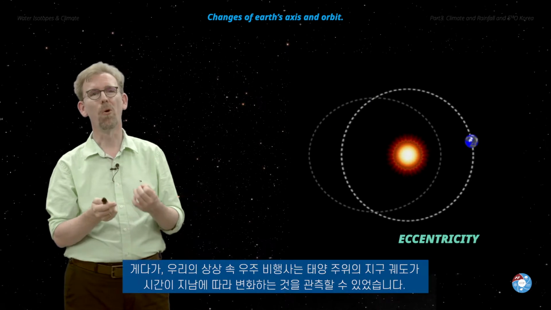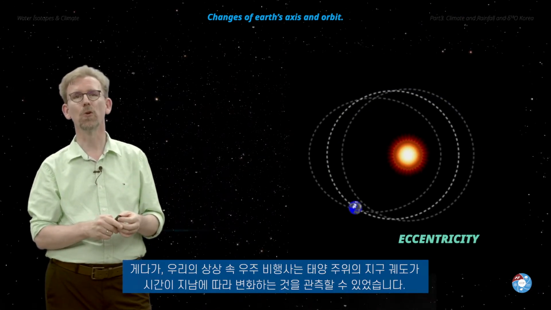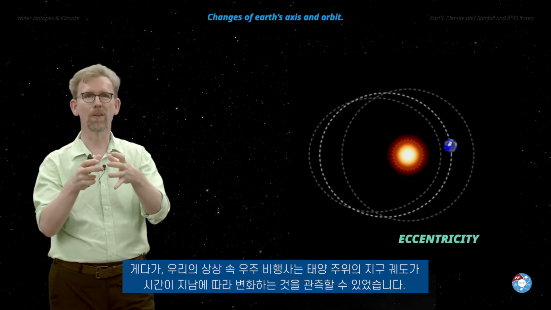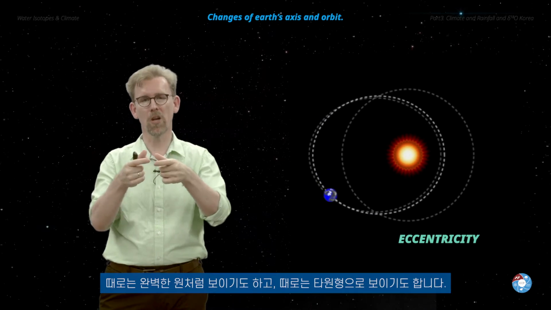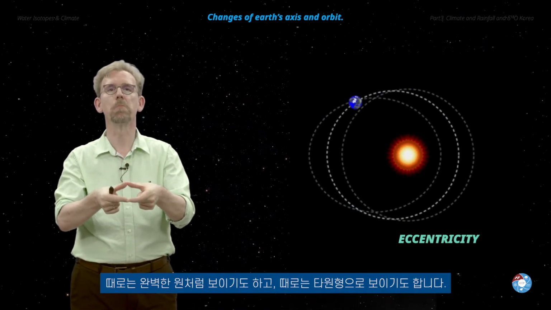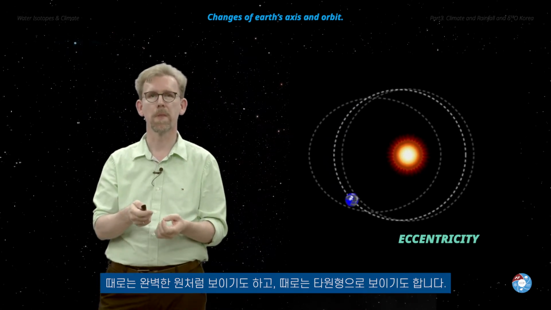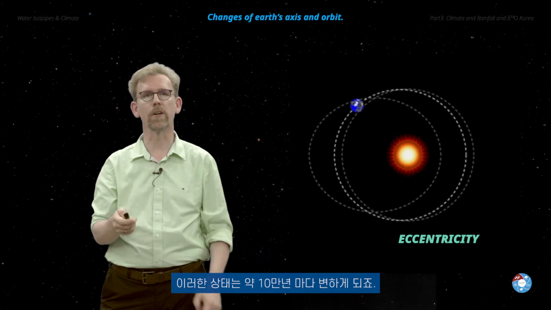Moreover, our imaginary spaceship astronauts could also see that the orbit around the Sun changes over time. Sometimes it looks more like a perfect circle, sometimes it's much more an ellipse. These conditions vary about every 100,000 years.